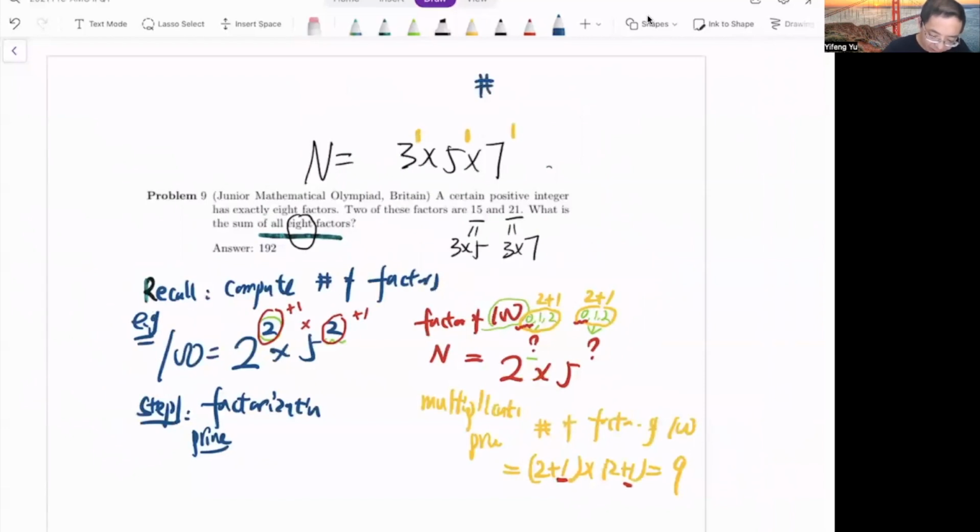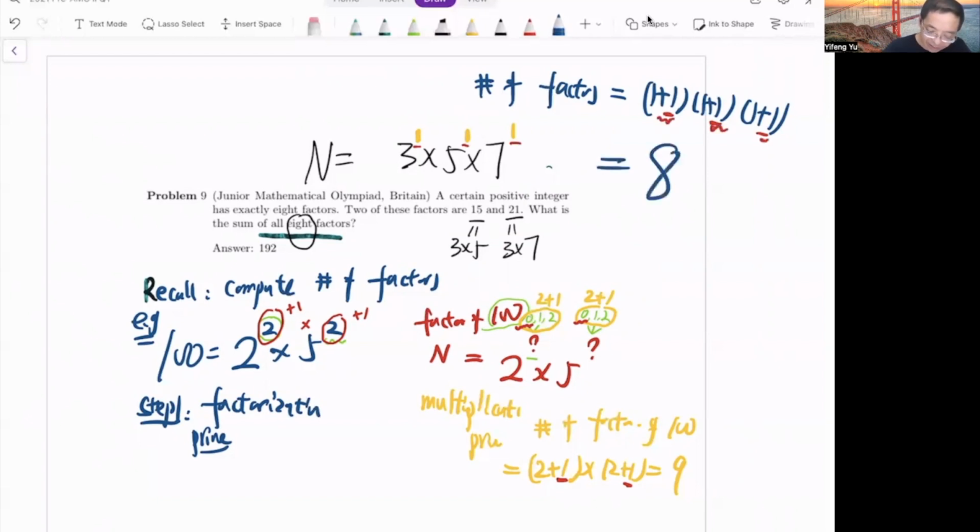Then the number of factors equals 1 plus 1 times 1 plus 1 times 1 plus 1. When we do the formula, don't forget to add 1 to each exponent. So we get exactly 8.